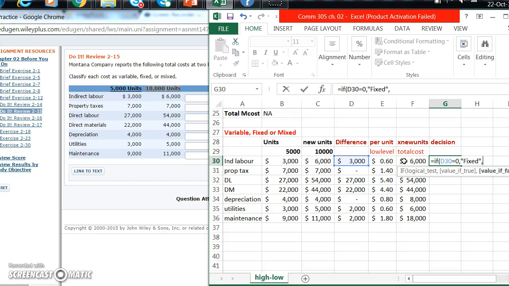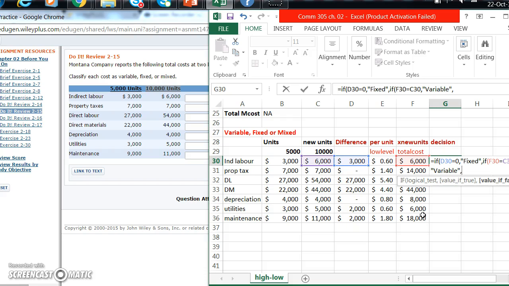IF, I open parentheses, if the total cost is equal to the cost that we found in real life, if these two are equal, that means that the cost is just variable. We write variable.